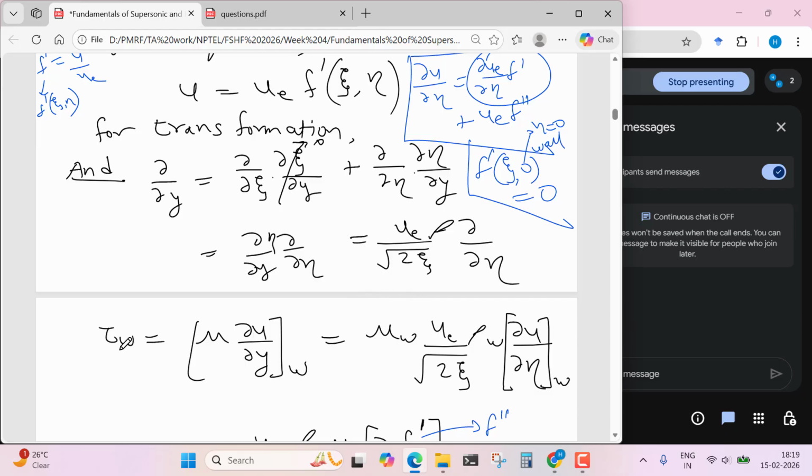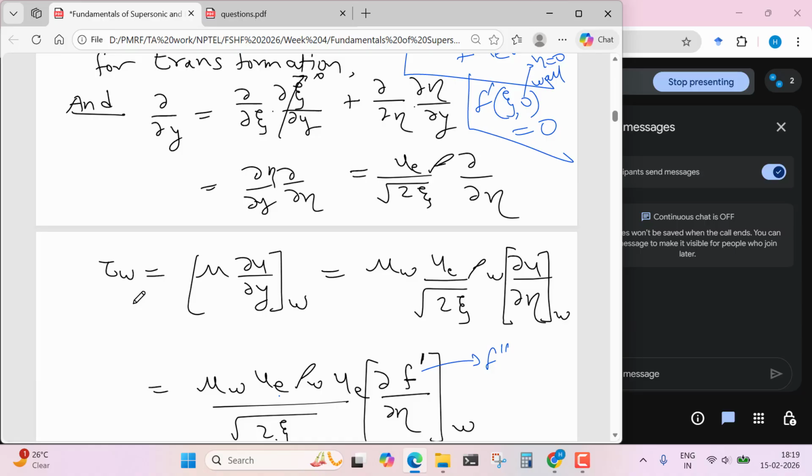If we want to find the wall shear stress, tau w, it will be equal to mu dou u by dou y at the wall. So expanding it, mu w and dou u by dou y at the wall will be ue, and this rho value will be at the wall: rho w ue upon root 2 xi, dou u upon dou eta at the wall.